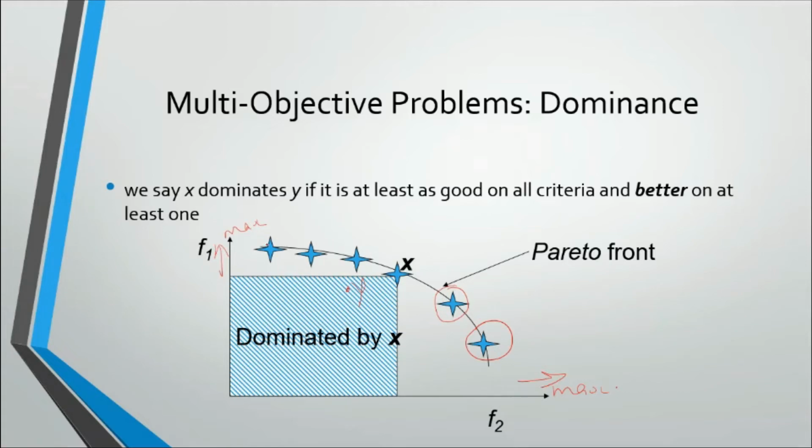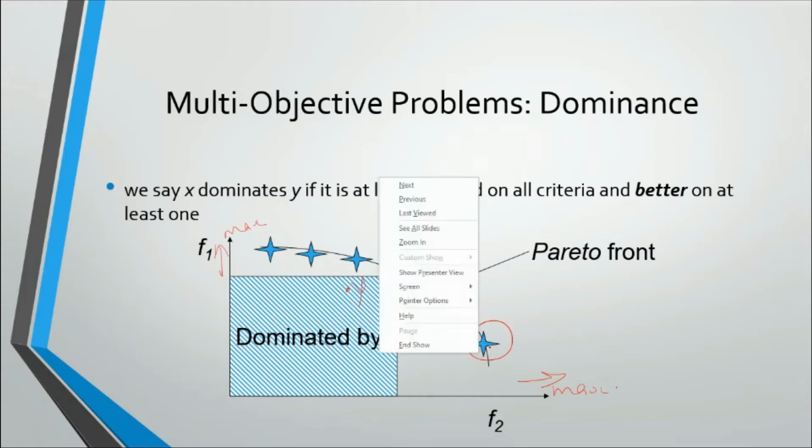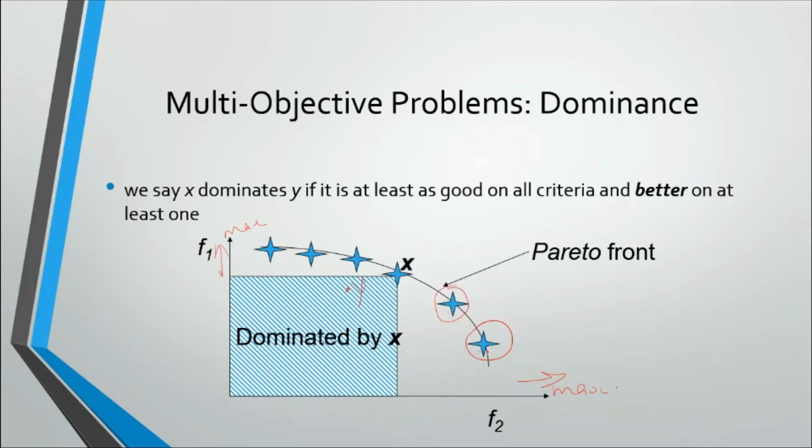This set of solutions generates a Pareto front, because if you consider this solution and this solution, this one is better in the case of f2, but weaker in the case of f1.